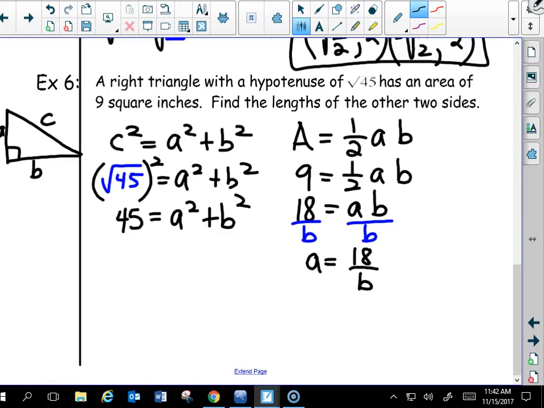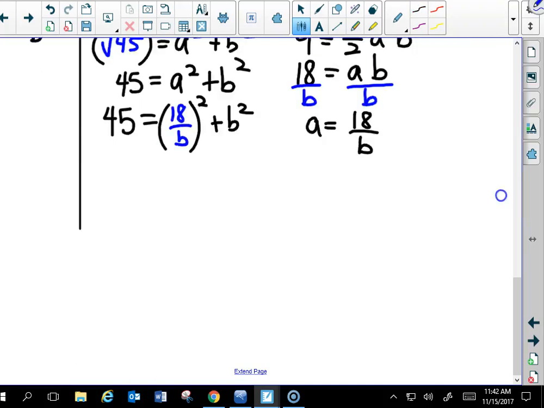I can take that and substitute it into a squared plus b squared equals c squared. So 45 is equal to a squared plus b squared, and I'm going to substitute 18 over b. So I get 45 equals 18 squared, which is 324, over b squared plus b squared. Okay, the thing I'm solving for is in the denominator.